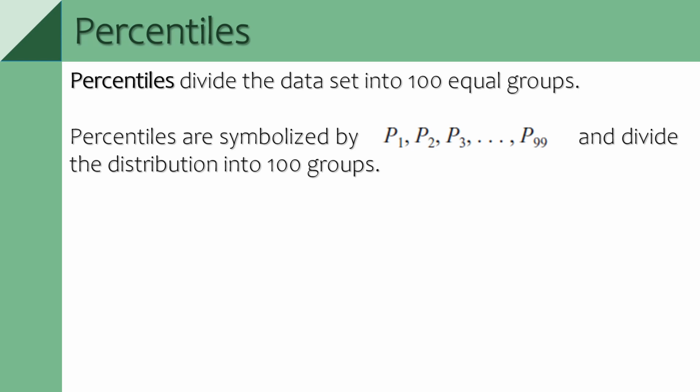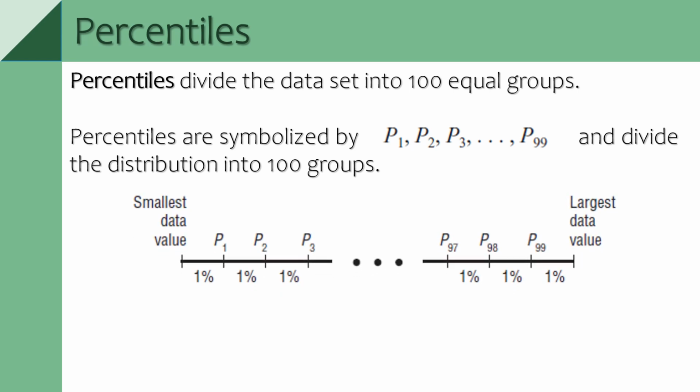Kasi si P sub 100, siya na yung pinaka-last value ng distribution. Okay, so we have the smallest value, then P sub 1 up to P sub 99, and nandito si P sub 100. So, those are all 1% up to 100. Okay, so iyan yung itsura nun.